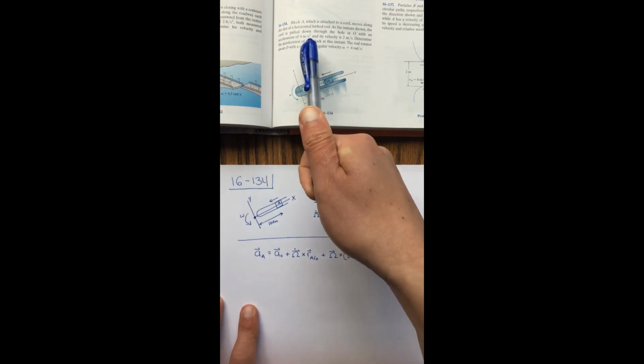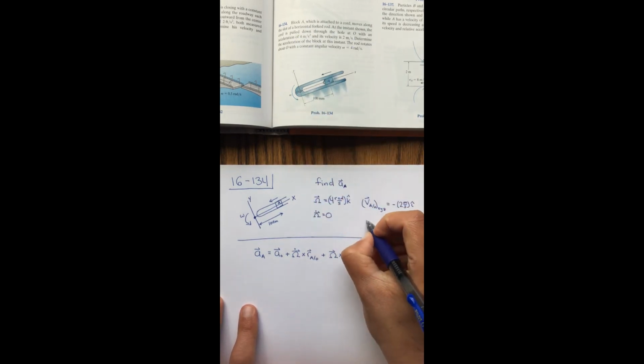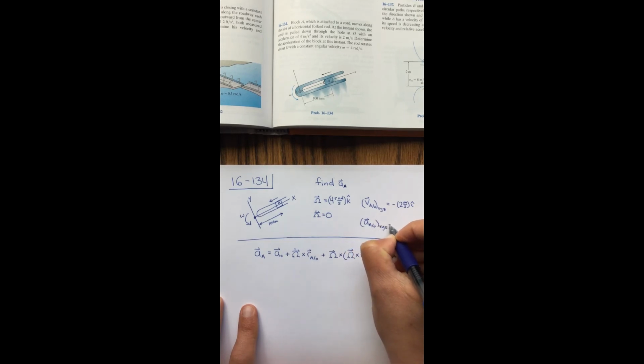The acceleration of the cord gives you the acceleration that you would see if you're standing at point O rotating with the coordinate system, and that is also in the negative i hat direction. Okay, so I think that's everything that they give us. Oh, we also have this 100 here, which will be important when we look for the position vector.